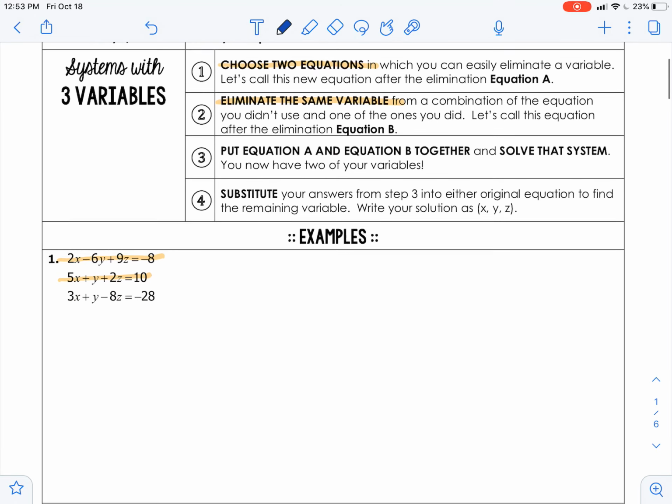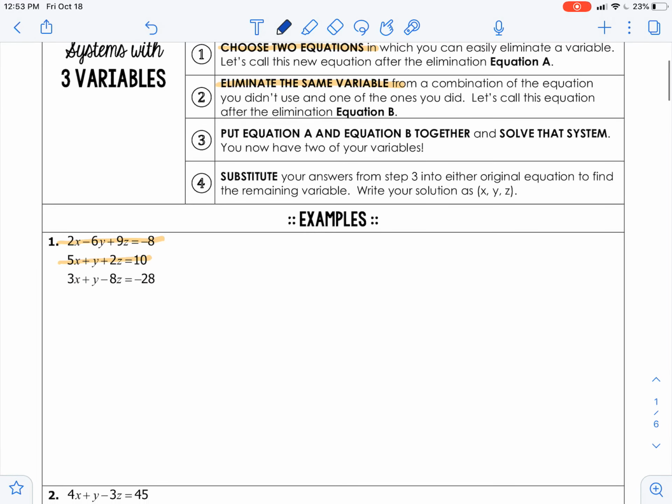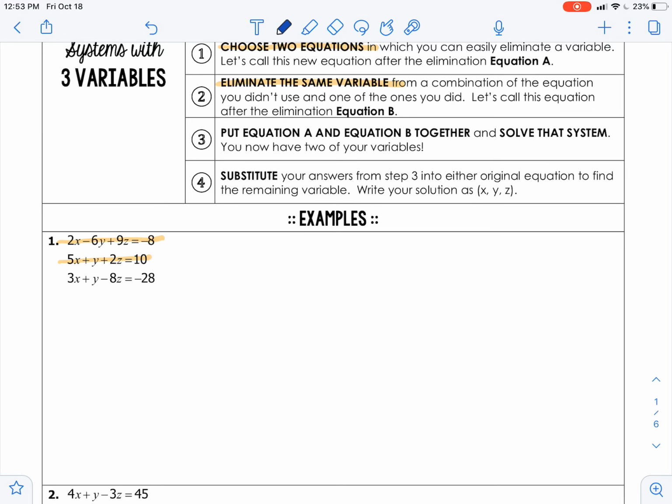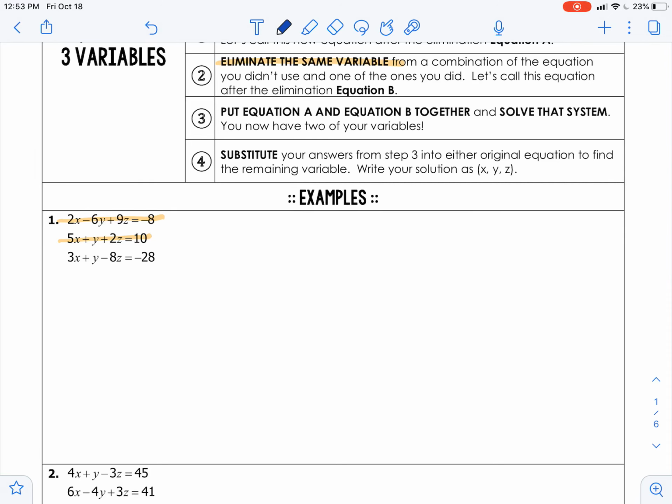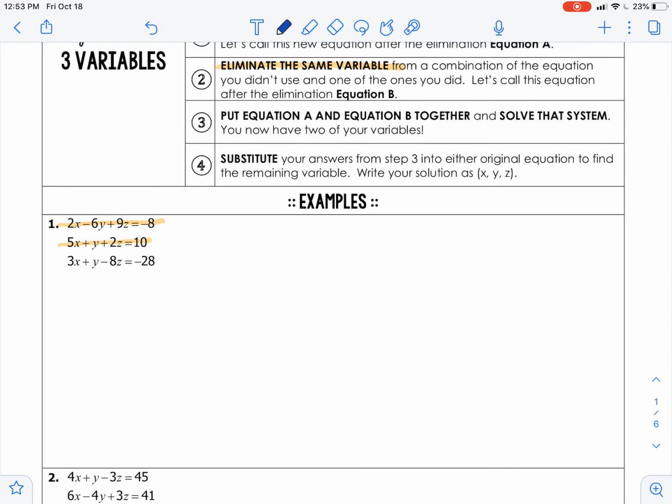First off, I'm going to eliminate my y's. My first elimination is going to be y's because I see the second y just has a coefficient of 1. So here are the steps that I do, in the order in which I do them as far as organization. I'm going to rewrite.